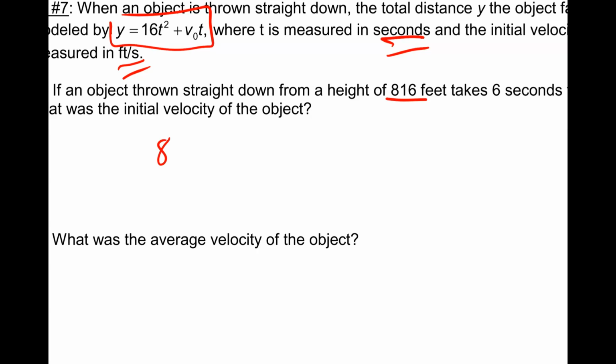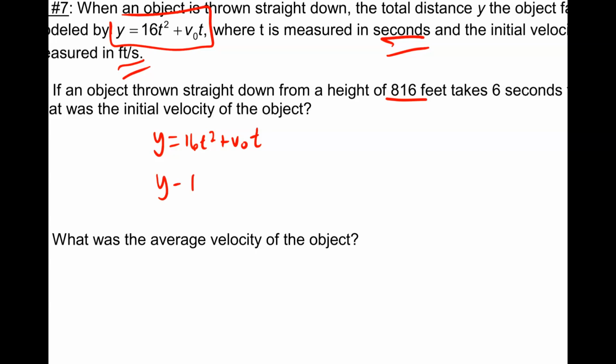So that means 816 feet is equal to 16, we know our time is 6 seconds, plus V naught. You know what? Let me rewrite this. Why don't we solve first and then we can plug in. So I'm going to get V naught by itself first.